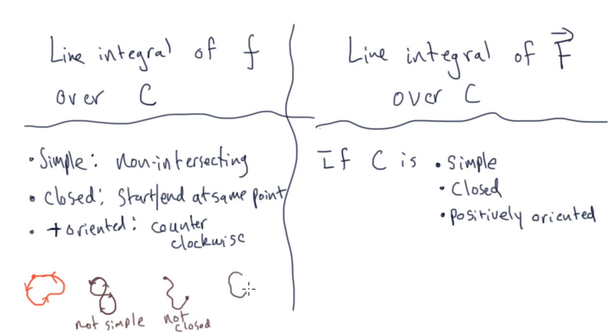And then finally, we could have a simple closed curve that's actually oriented clockwise, so this is negatively oriented. Okay, so hopefully that's clear. Simple, closed, positively oriented. It doesn't intersect itself.